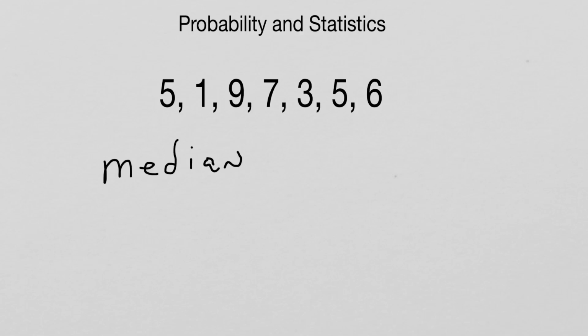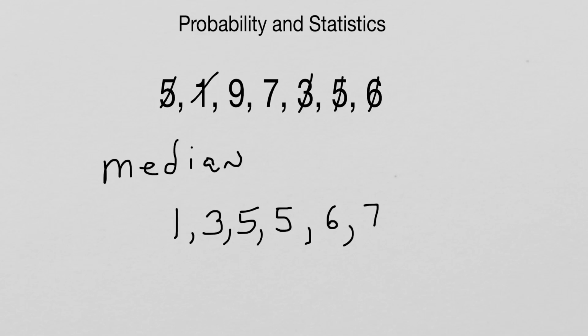1, then mark out 1. 3, mark out 3. 5, mark out 5. Another 5, mark out 5. 6, let me put commas in here. Mark out 6. 7, mark out 7.